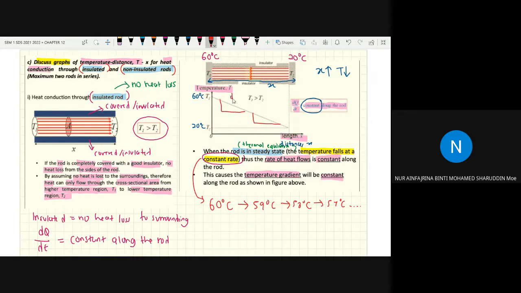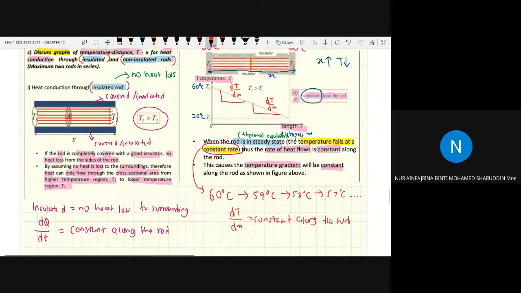So this is the gradient, dT over dx. This temperature gradient is constant, meaning dT/dx is also constant along the rod.